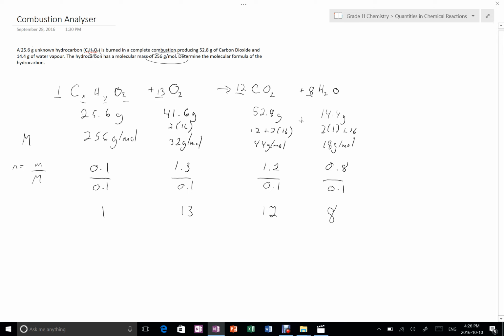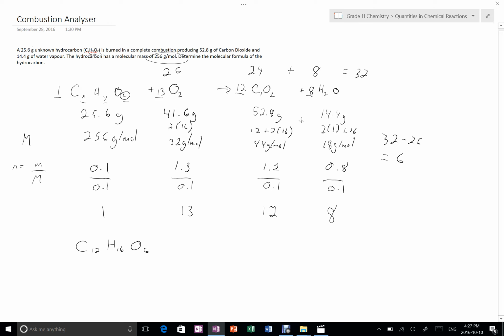Carbon, probably the easiest one, 12 times my 1 here, tells me that I have 12 carbons. 8 times 2 hydrogens, or 16 hydrogens. And the tricky one, 24 plus 8 oxygens results in 32 oxygens. 26 of those oxygens came from the oxygen gas, so 32 minus 26 tells me 6 must have come from my hydrocarbon, z.